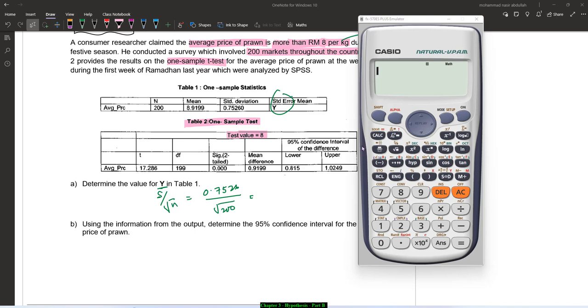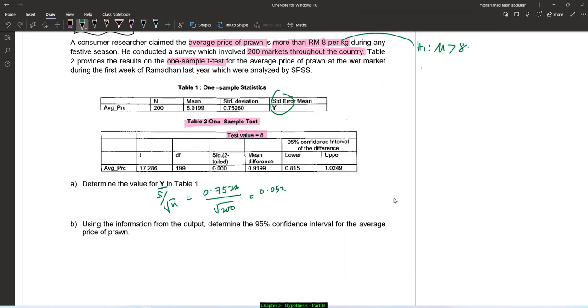So what is the value? Right. Do you get the same answer?